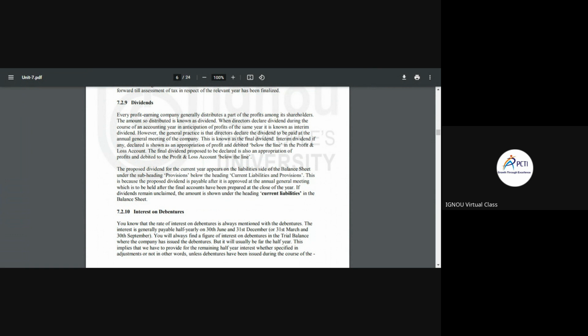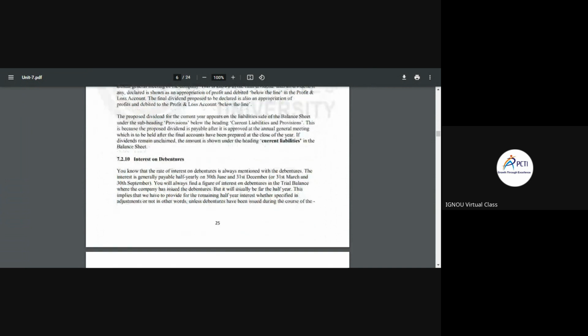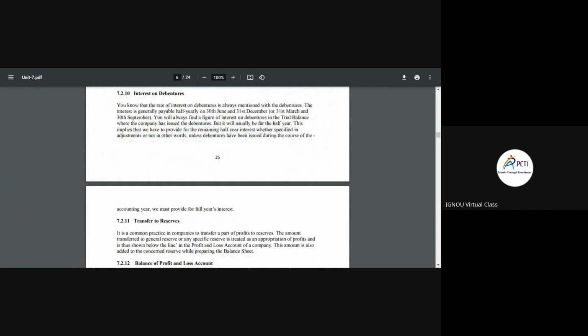Next one is interest on debentures. In the case of interest on debentures, we need to give interest to the debenture holders on their debentures twice a year, half yearly, on 30th June and 31st December, or 31st March and 30th September, whichever the company is following.